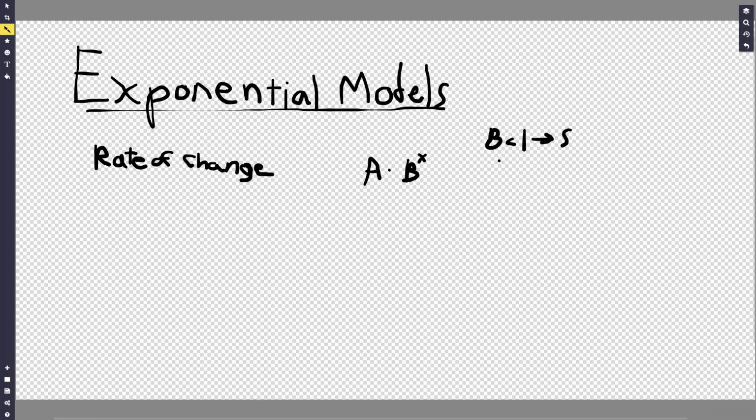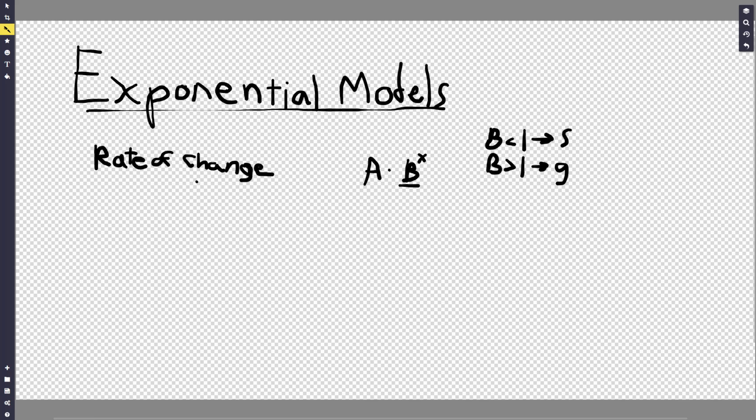I'm just going to put an S. And if b is greater than 1, it's going to be growing, okay? And obviously if it's equal to 1, it's going to be constant, because 1 to the power of anything is still 1, okay? And also the factor is just b. b is the factor by which it is either growing or shrinking, okay?